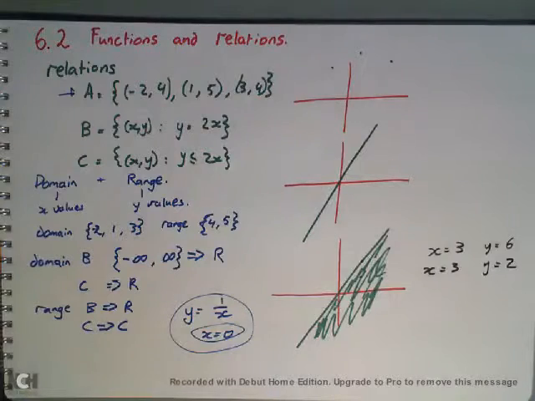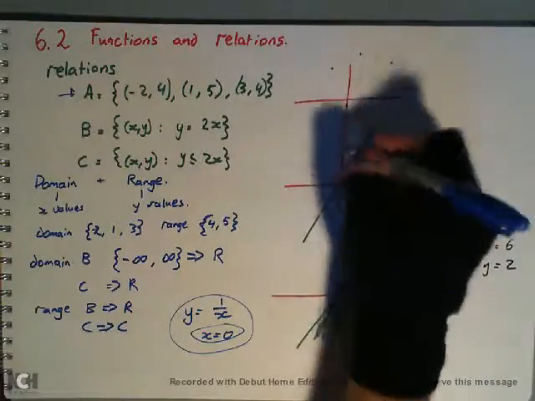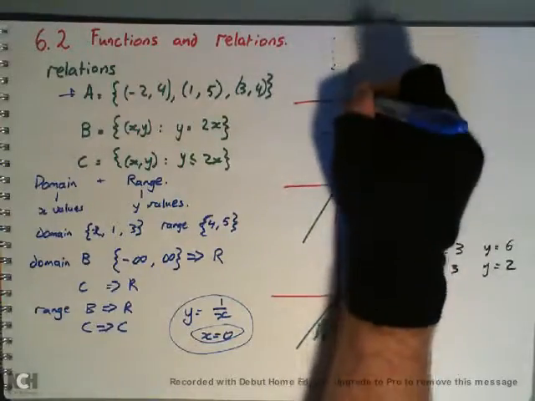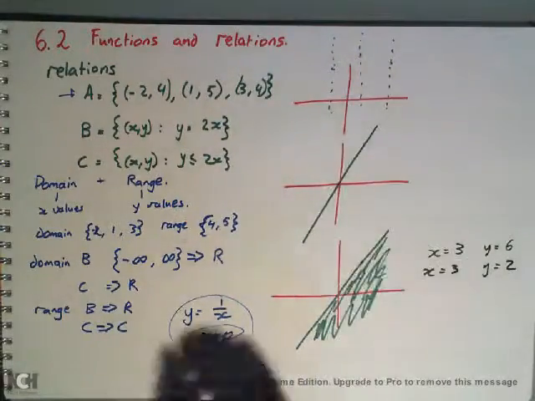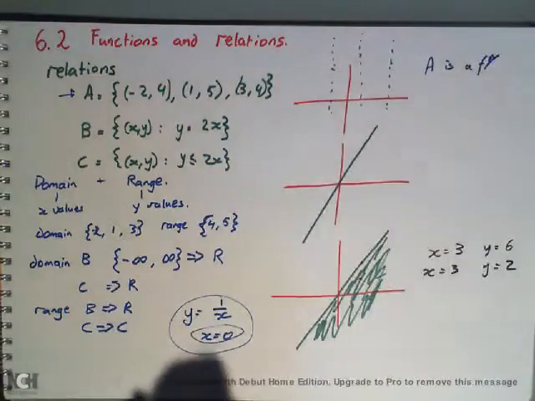Now we're going to look at what we call the vertical line test. Functions can be recognized from their graphs by the vertical line test. Any vertical line which cuts through the graph of a function will do so exactly once. If the vertical line cuts the graph at more than one place, the graph is not a function. For the first one, going vertically, every point touches the graph once. So A is a function.